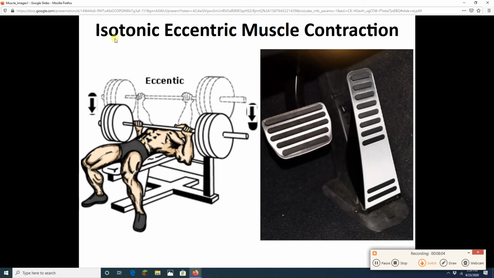There is also isotonic eccentric contraction. Okay, so suppose you went to your home gym. I don't know if that's in your basement, your garage, wherever it might be. And you lie down on the bench that you have there. You load up the barbell with 3 45-pound plates on each side.